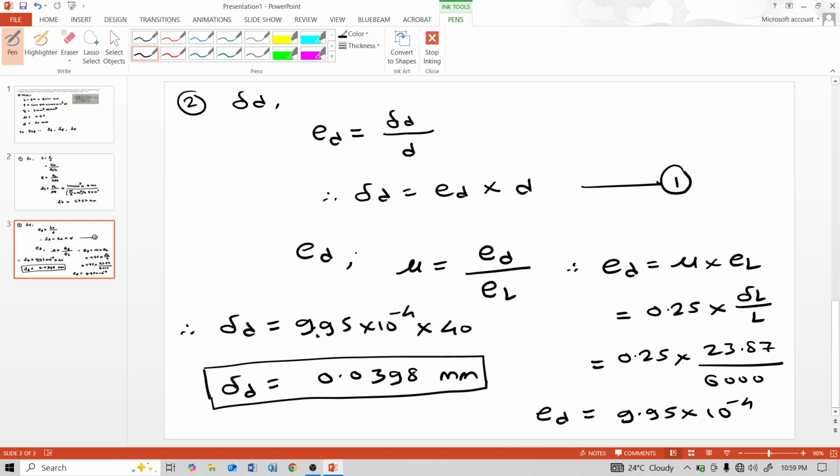To find strain in lateral direction, we get help of Poisson's ratio. Poisson's ratio is equal to lateral strain to the longitudinal strain. From this equation, lateral strain is equal to Poisson's ratio into longitudinal strain. Then lateral strain is 9.95 into 10 raised to minus 4. And therefore, change in diameter is equal to 0.0398 mm.